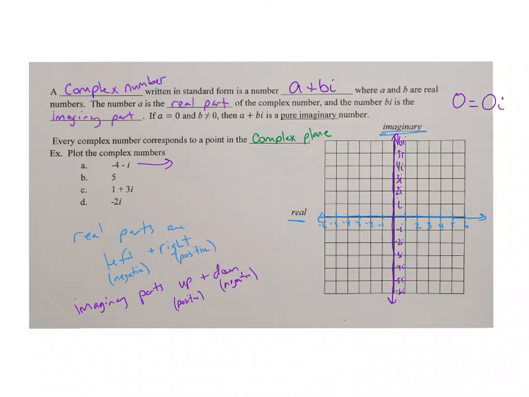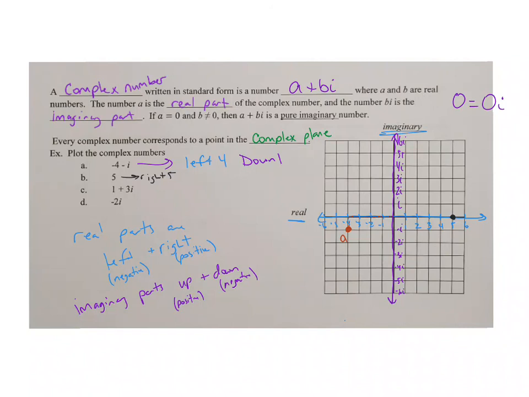So here, I go left 4 because it's -4. I go down 1. So I go left 4, down 1. There's point A. Really easy. B, I just go right 5. Because there is no imaginary part.